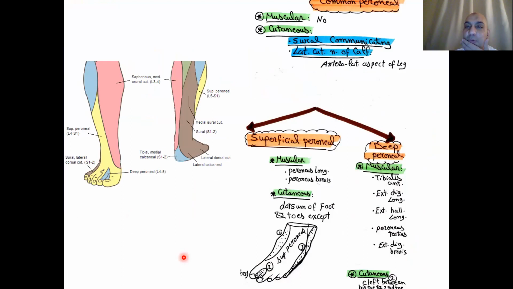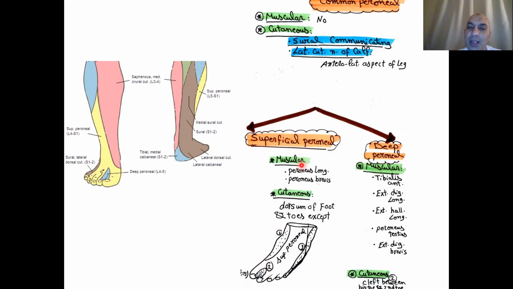If we are going to collect the peroneal component as a distribution: common peroneal, no muscular branches, cutaneous 2 branches, sural communicating and lateral cutaneous nerve of the calf for the upper part of the anterolateral region of the leg. It divides into superficial and deep peroneal. Deep peroneal supplies 5 muscles, 4 in the anterior compartment of the leg, tibialis anterior, extensor digitorum longus, extensor hallucis longus, peroneus tertius, 1 in the dorsum of the foot, extensor digitorum brevis, and the cutaneous for the cleft between big toe and the second toe.